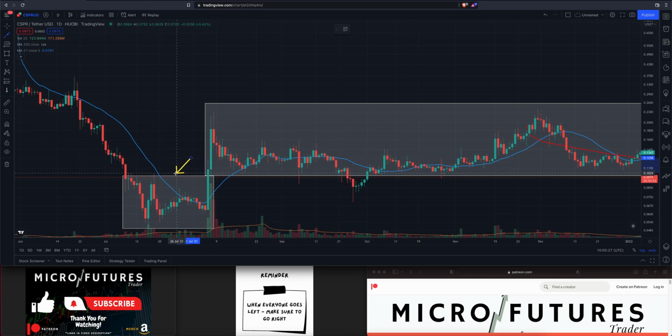It found resistance on the 18th of July, pulled back, consolidated, coiled up like a spring, and boom, exploded to the upside. And then once again on the 7th, it broke higher as well, wicked down into what is now an old trading range, and turned this into support. So overhead resistance now turns into support.